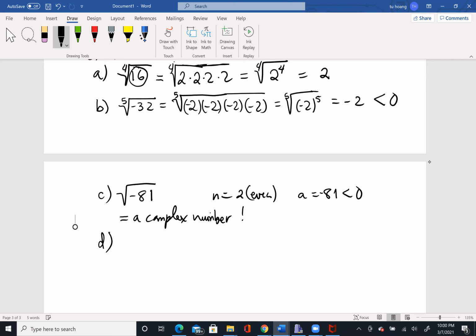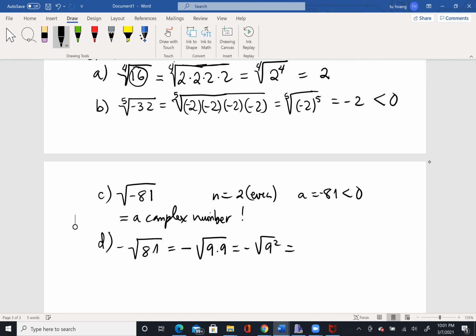Let's move to D. I have negative of the square root of 81. This is totally different from the square root of negative 81. You guys should remember that. I can rewrite it as negative of the square root of 9 times 9, which equals negative of the square root of 9 squared.